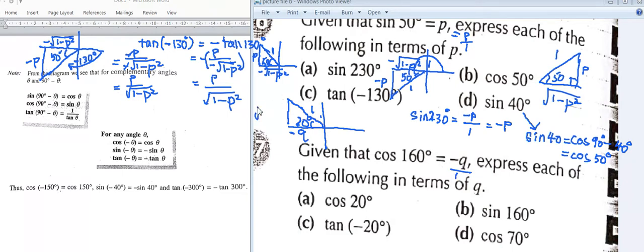Then this one is actually square root of 1 minus Q squared.